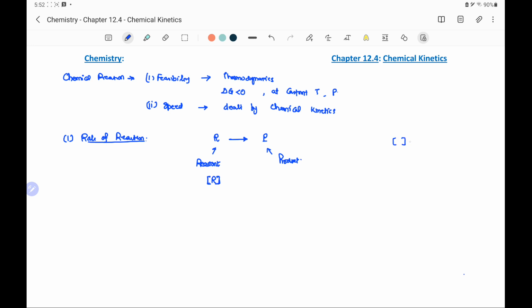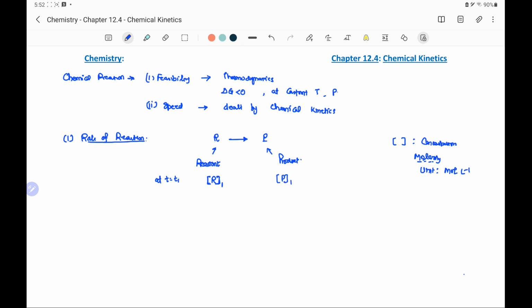This square bracket refers to the concentration, say in terms of molarity, and the unit is mole per liter.